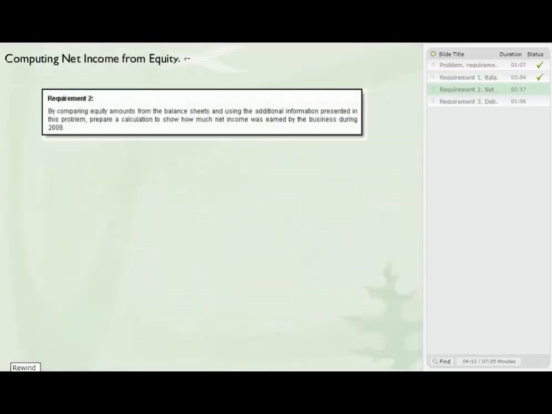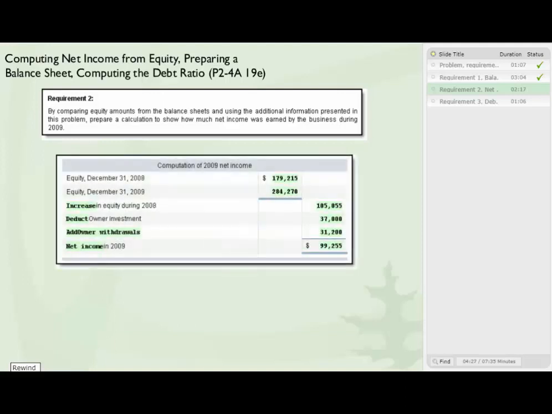Requirement 2 asks us to compare equity amounts from the balance sheet and use the additional information presented in this problem to prepare a calculation showing how much net income was earned by the business during 2009. Let's take a look at how we would answer requirement 2. From the previous slide, we determined that equity at December 31st, 2008 was $179,215.